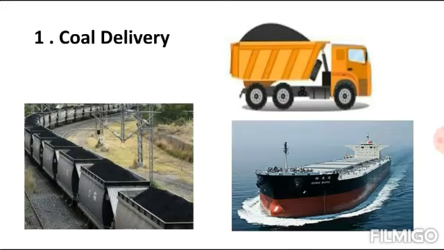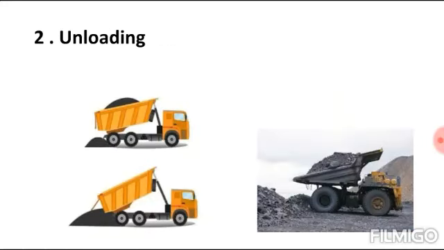The second operation involved in the coal handling system is unloading. Unloading depends upon the mode of transportation used to supply the coal to the power plant. If the coal is supplied by trucks, there is no requirement for unloading equipment.